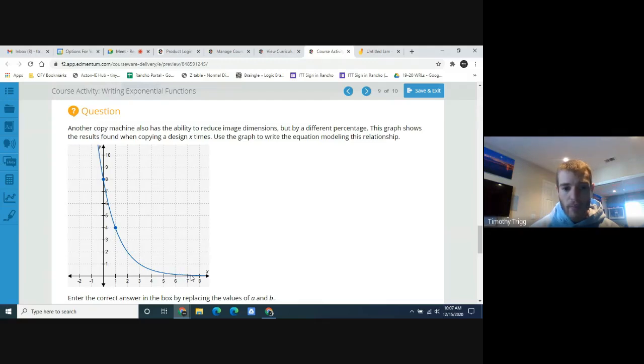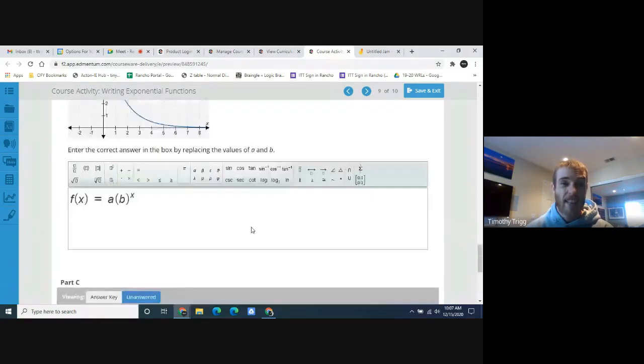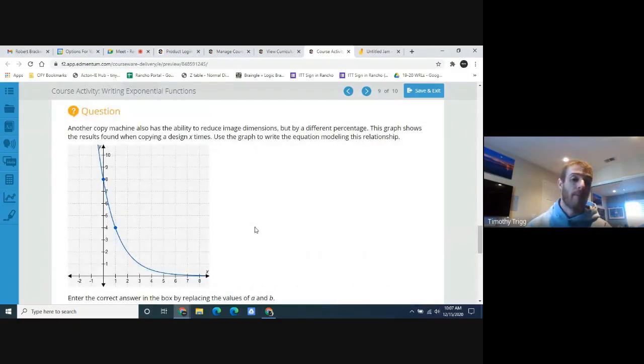You see how the graph is approaching the x-axis? It's approaching a dimension of 0. You can imagine as they go down, down, down, the size of it approaches 0. But it'll never actually touch 0. It'll never actually cross the x-axis. In other words, the x-axis is what we'll call an asymptote.